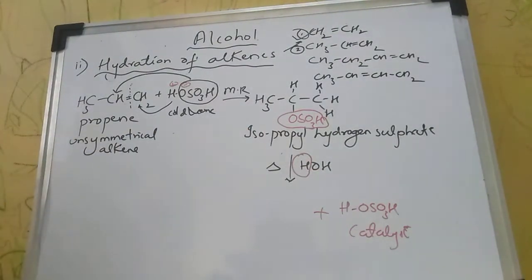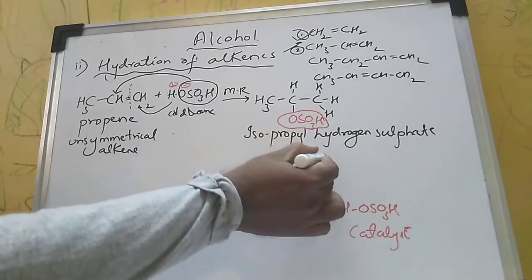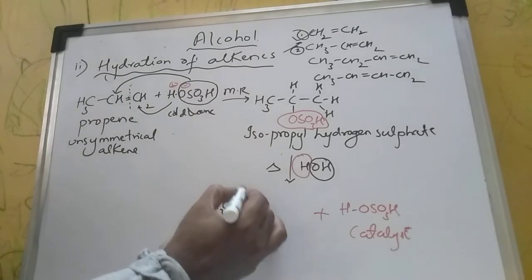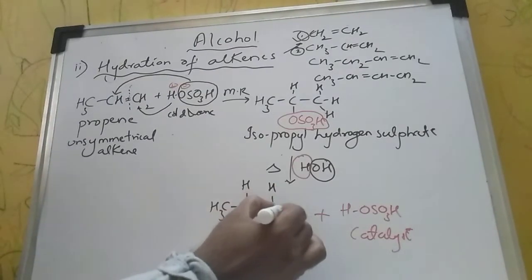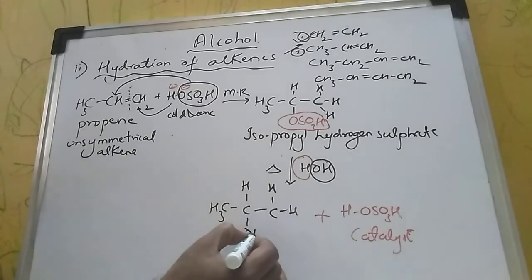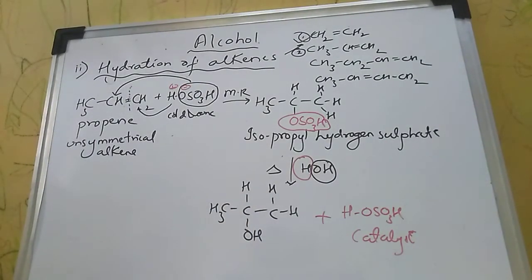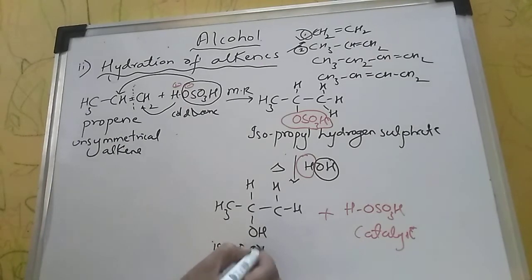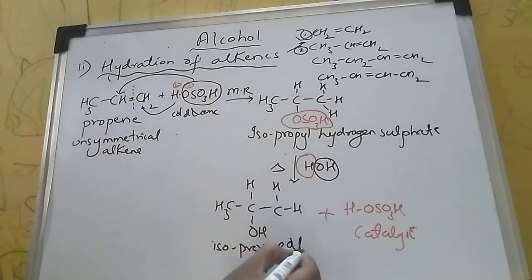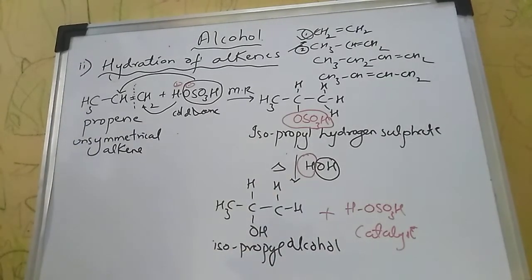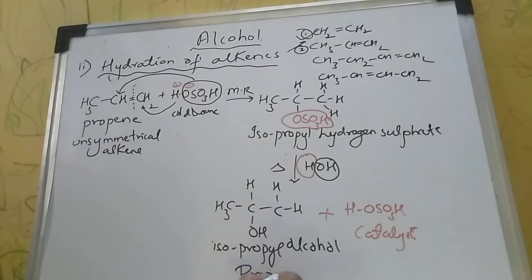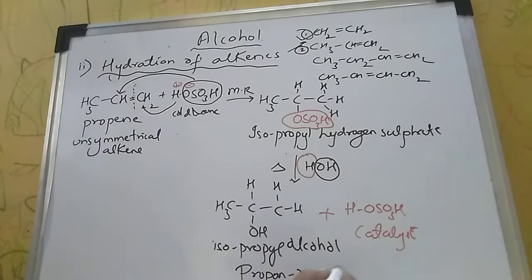And the product, the OH, takes place in that particular position. Again, the OH is branched, right? So branch means iso, three carbon atom propyl alcohol, or propan-2-ol.